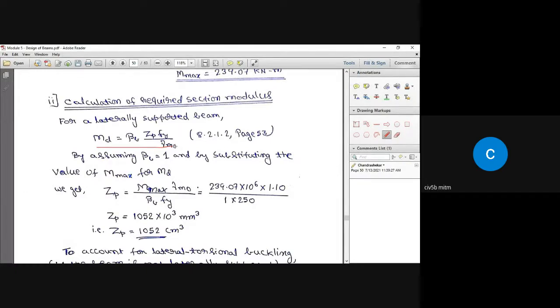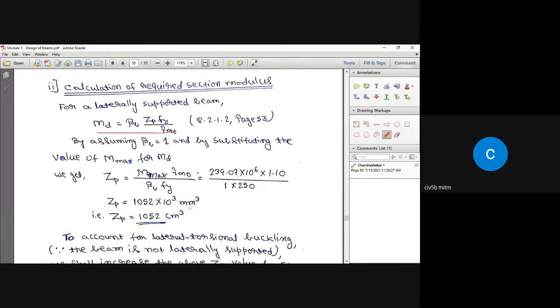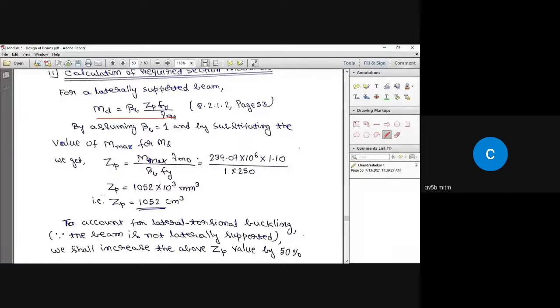Using that formula, I calculated the ZP value. In place of MD, I substituted the value of design bending moment due to the design load. So I calculated ZP for a laterally supported beam.